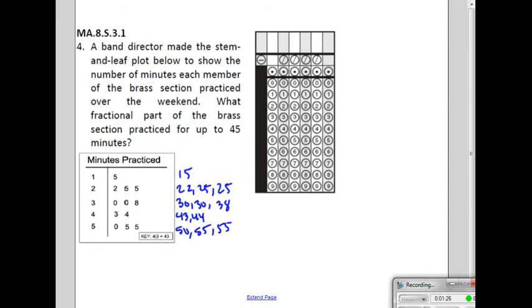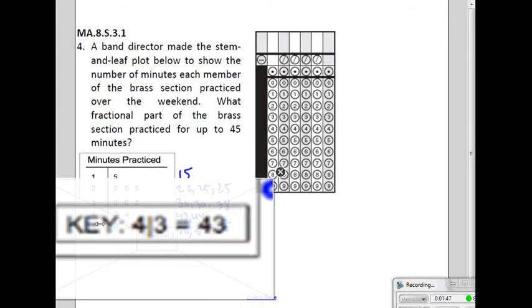In fact, in this problem, they even give you the key right here. This key describes what each of these things mean. So this is the key for line 3 equals 43.